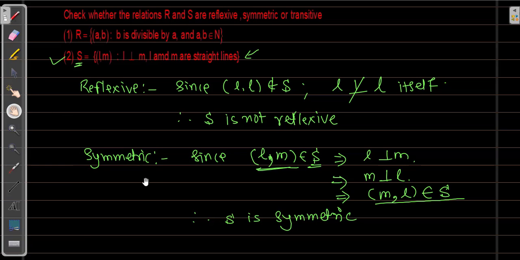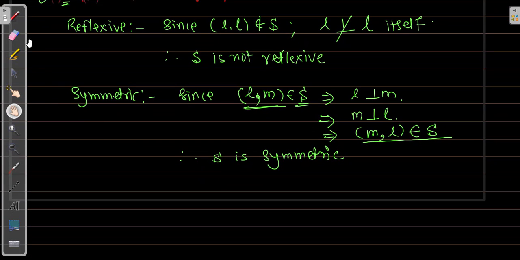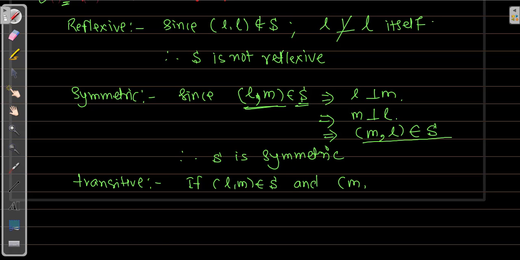Now, we will check transitivity, whether our relation is transitive or not. Again, we will take two ordered pairs. Suppose (L, M) belongs to S, and another ordered pair (M, N) also belongs to S. What does it mean?